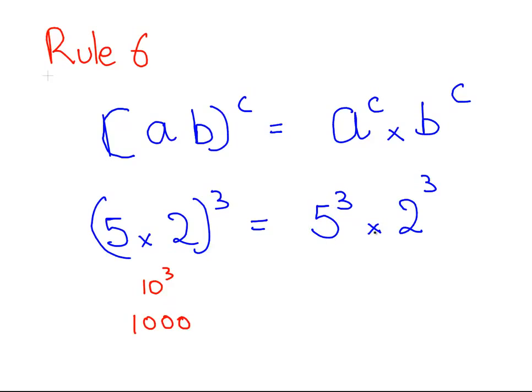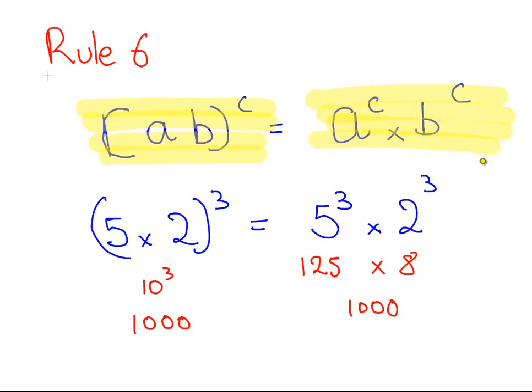If you work these parts out, you'll find that 5 cubed is 125 and 2 cubed is 8, and that also works out to 1,000. So that works out. But anyway, this is the key part here: a times b, all to the power of c, equals a to the power of c times b to the power of c.